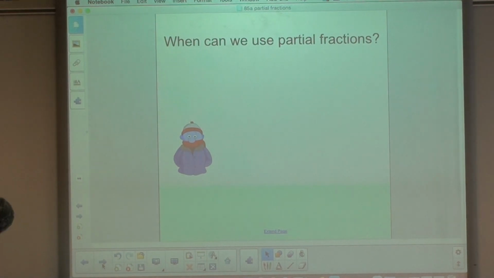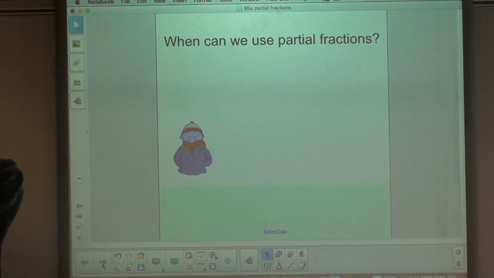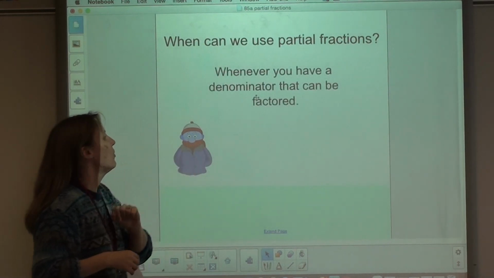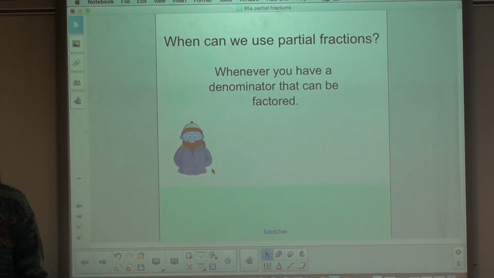All right, so we're about to learn how to apply partial fractions. When can we use partial fractions? Coldman says we can use partial fractions whenever you have a denominator that can be factored. That doesn't mean you always want to, because if it's a simple u substitution, then you just do that.